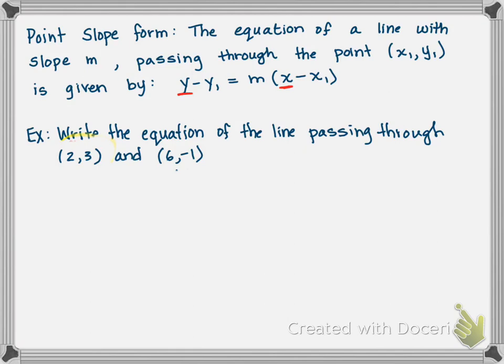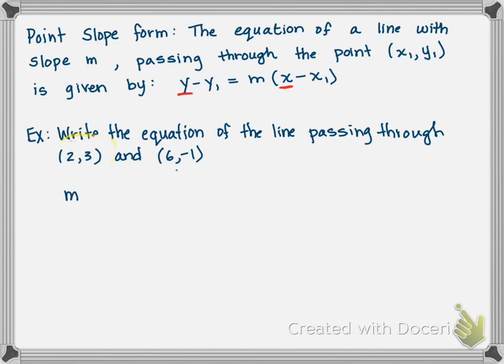So typically they don't just give you the slope, but they always give you information to find the slope. So in our first example here, we have 2 points on the line. And so the first thing we have to do is find the slope of the line. So we'll just use the slope formula to do that.